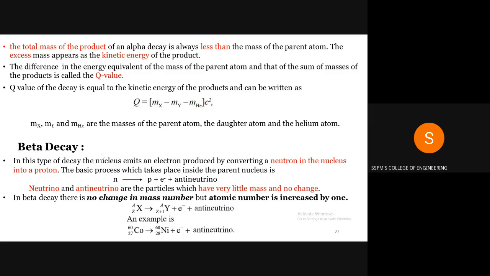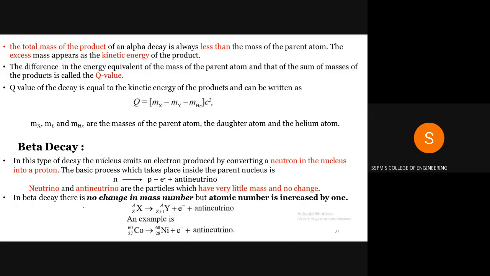The basic process which takes place inside the parent nucleus is: a neutron converts into a proton plus one electron plus an anti-neutrino. Okay? Neutrino and anti-neutrino are particles which have very little mass and no charge.